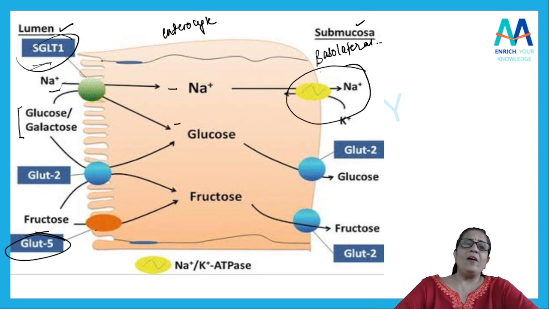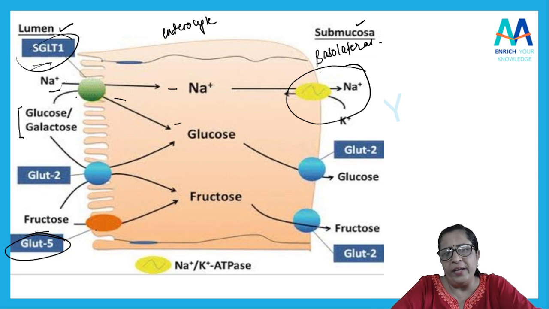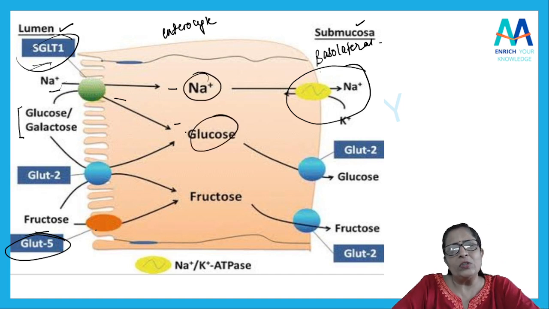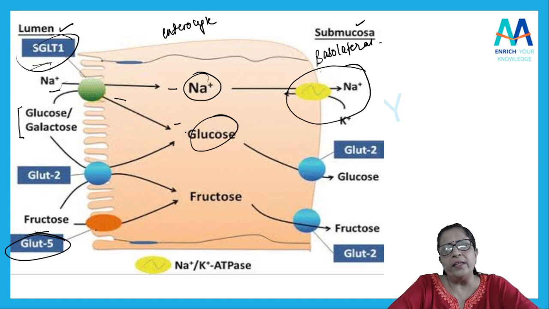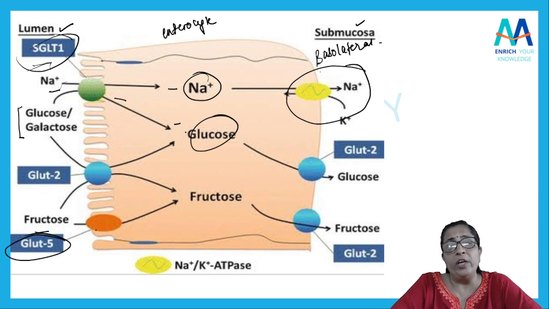Now, first of all, as the glucose is absorbed from this luminal or apical membrane with the help of SGLT1, what happens? Along with the glucose, sodium is also entering the cell. As glucose absorption increases, more and more sodium will also enter the cell.